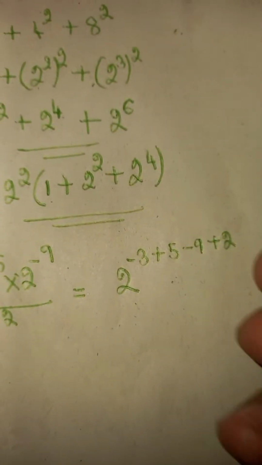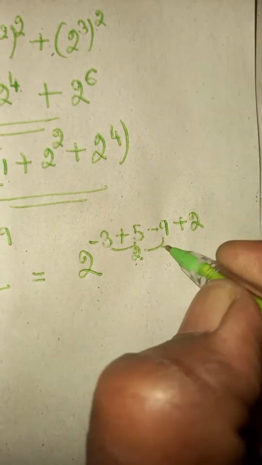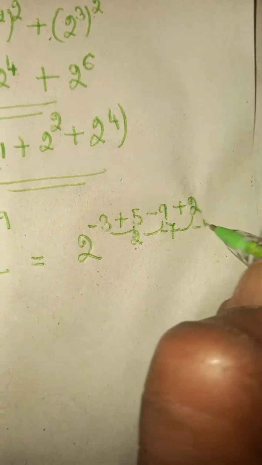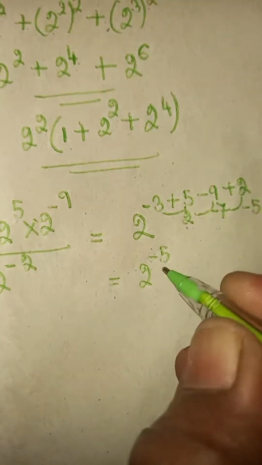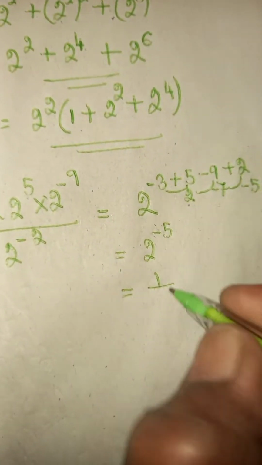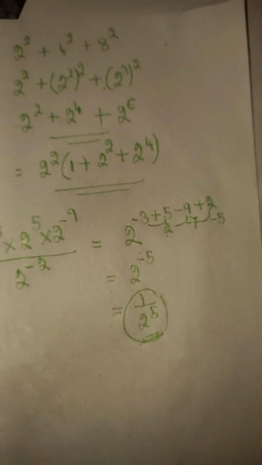Now you can add them out, that is minus 3 plus 5 becomes 2, 2 minus 9 becomes minus 7, minus 7 plus 2 becomes minus 5, which is equal to 2 power of minus 5. And this 2 power of minus 5 can make the negative power positive by taking the complete number to the denominator, 1 by 2 power of 5.